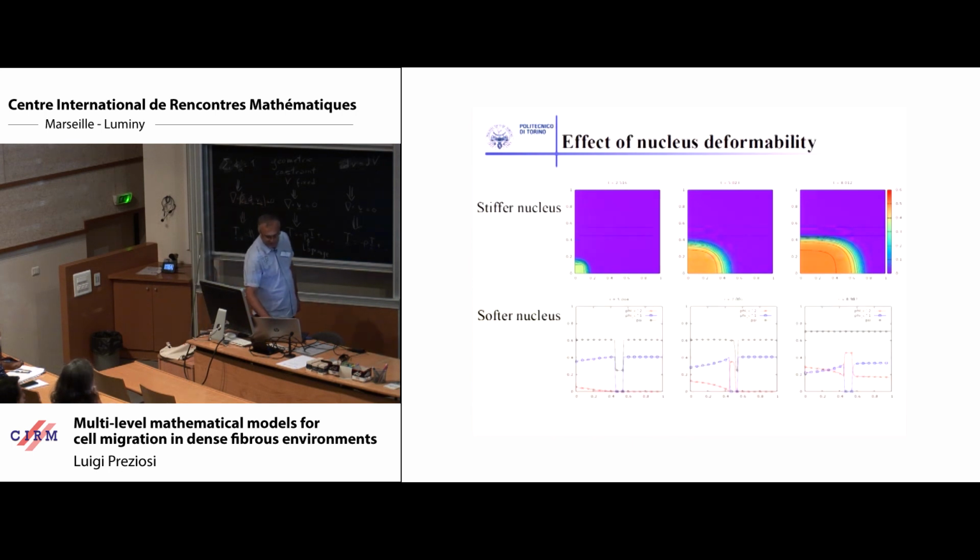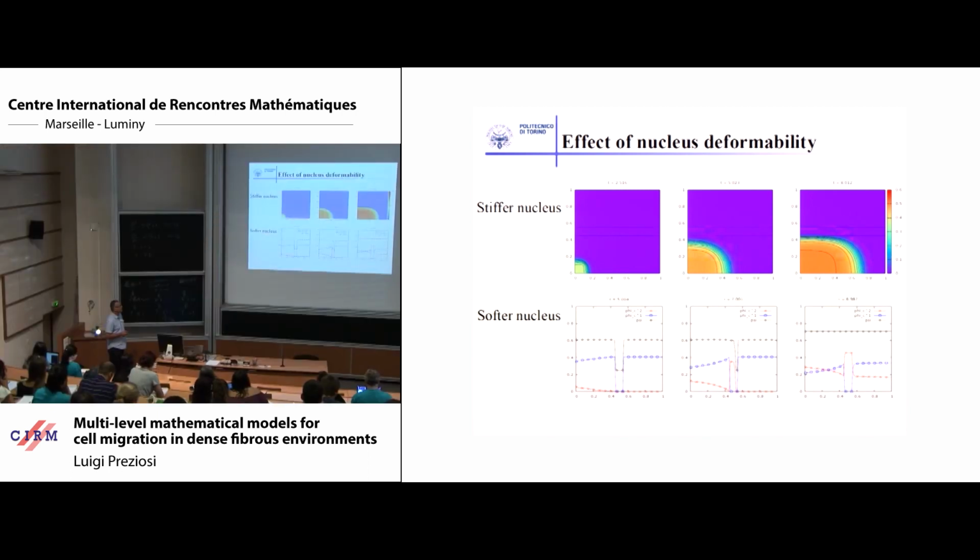But more importantly for us is what happens when you have a stiffer nucleus and a softer nucleus. Here is the same as before. Now we soften the nucleus. This is a cross section in this direction, like here. The red are the tumor cells, and the blue cells are the normal cells. They are populating the inside and the outside, but they don't communicate.